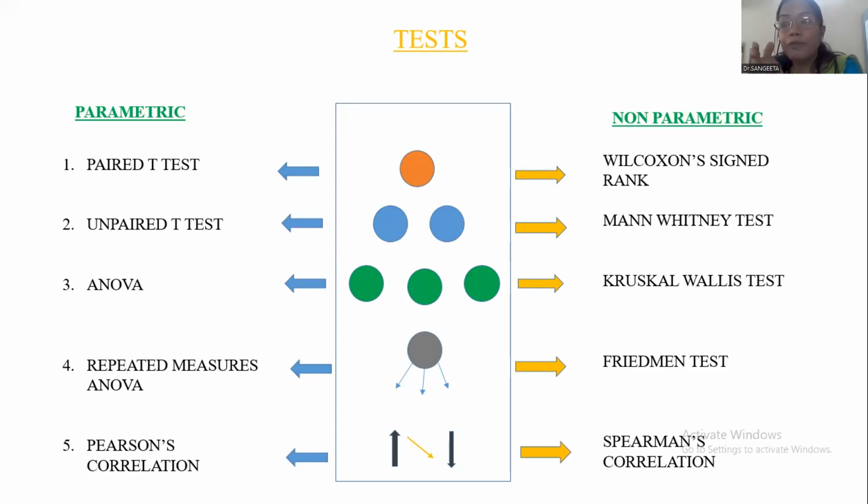If it is following a normal distribution, we are going to take a parametric test. If it is following a non-normal distribution, you take a non-parametric test. Clear? Under parametric, it is called a paired t-test. Now, why is it called paired? Because you have two observations from a single subject. One person, you are taking his heart rate at the baseline and the same person's heart rate post-intervention.